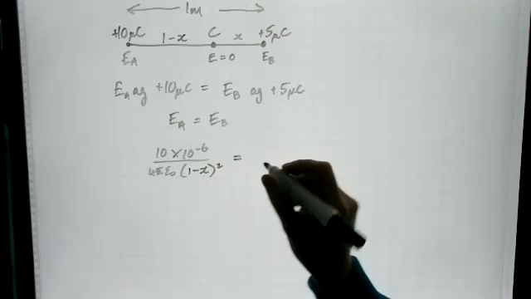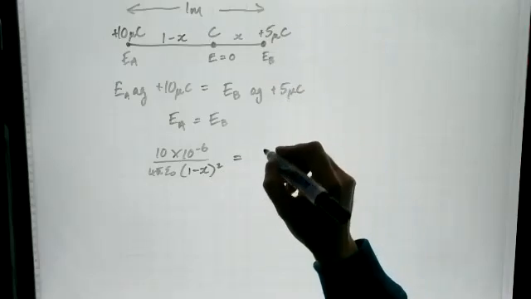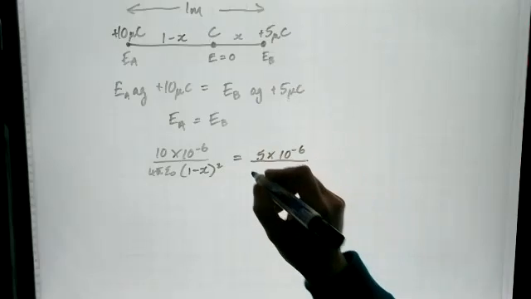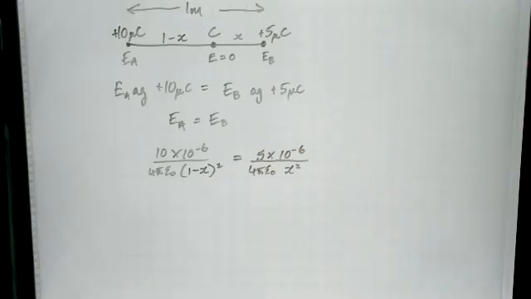And for the 5 microcoulomb charge, the electric field strength is 5 by 10 to the power of minus 6 over 4 pi permittivity epsilon naught x squared. Let's see the formula.